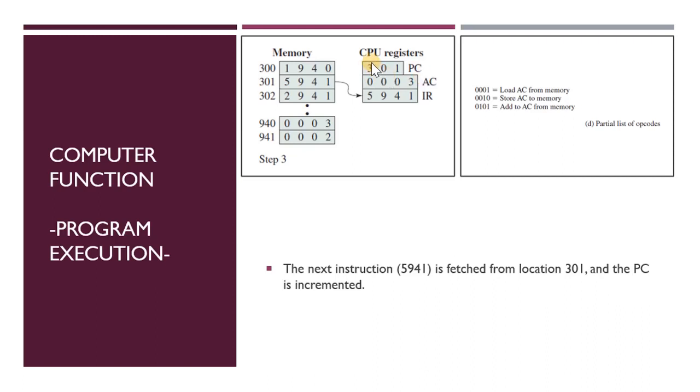The processor will find memory with address 301, and the value inside 301 is 5941. This value will be loaded into the instruction register. And again, the PC will be incremented once this instruction is executed.